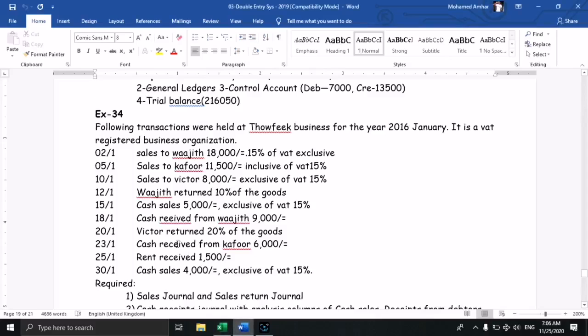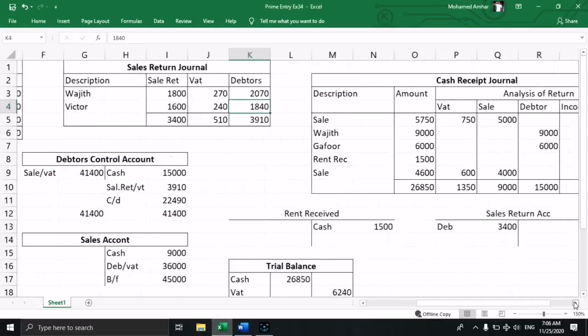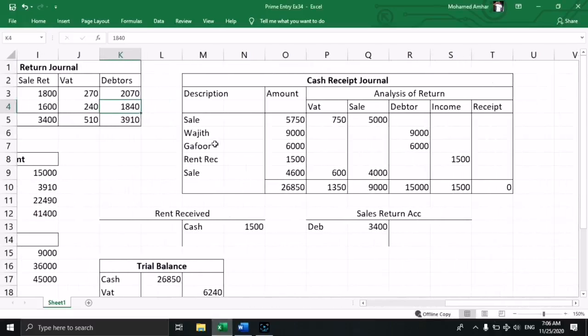Then date is 23. Cash received from Kafur 6,000. It should be recorded in the cash receipt journal. So in the cash receipt journal, Kafur gave 6,000, and write under the debtors column also 6,000.